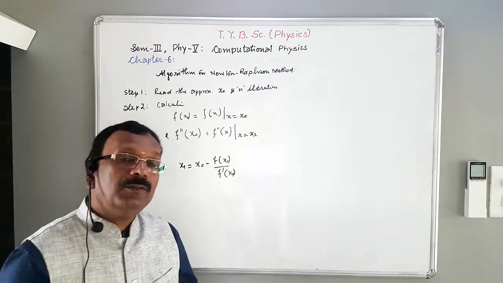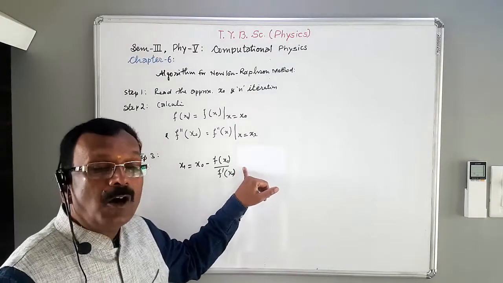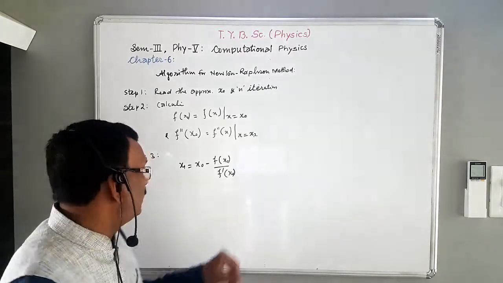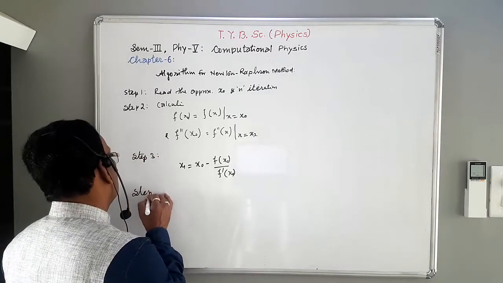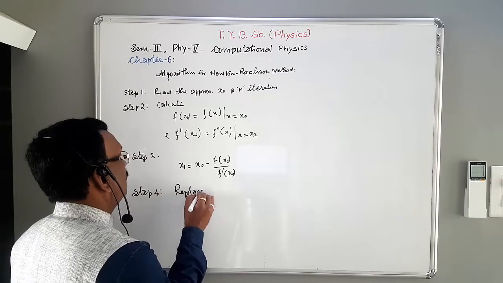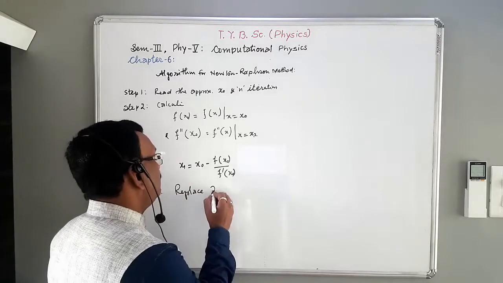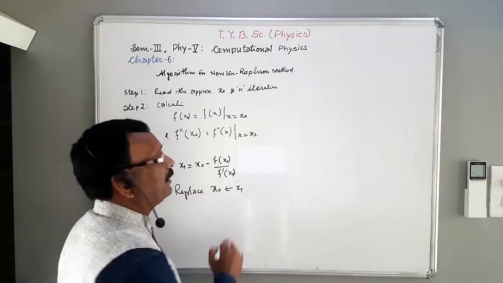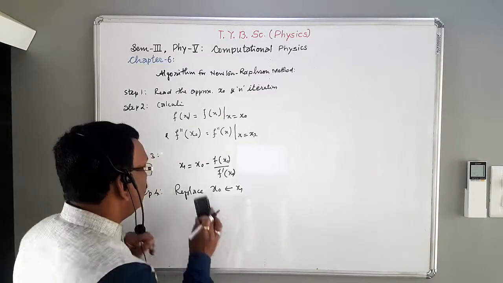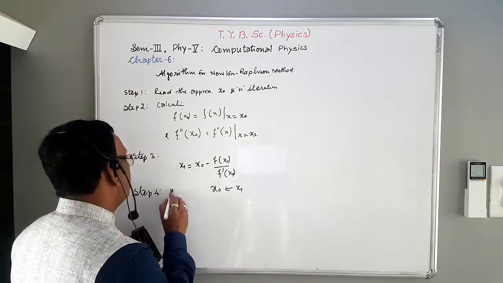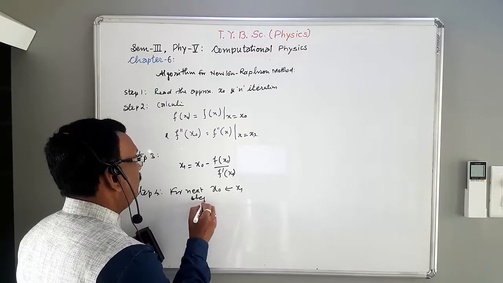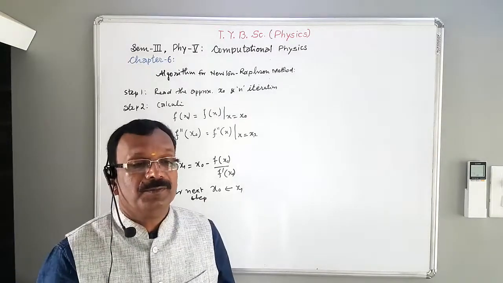After obtaining the first approximation, in step 4, for the next step we can replace x0 by x1.